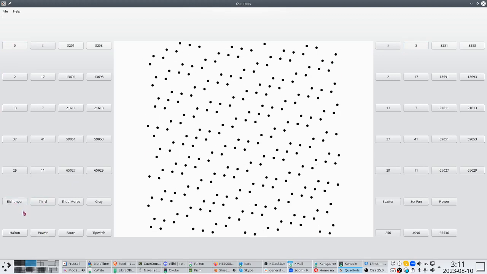This is a 5 versus 3 Richtmyer sequence. Richtmyer sequences are based on irrational numbers.